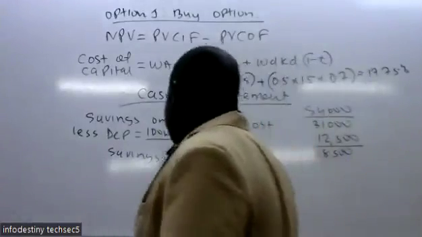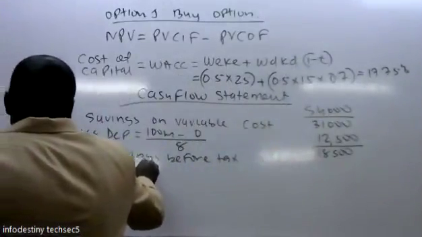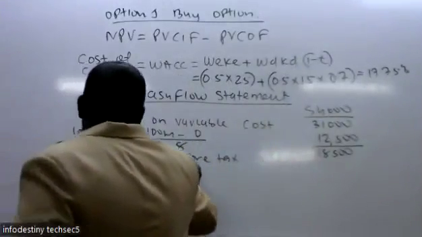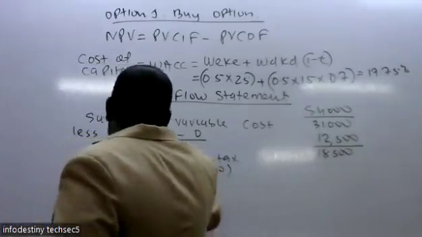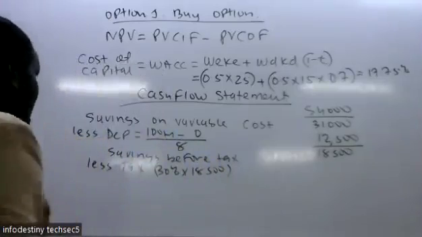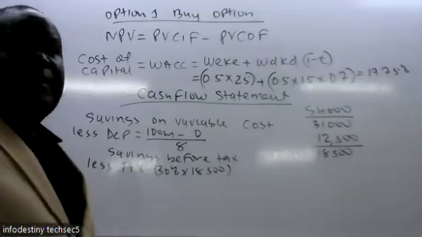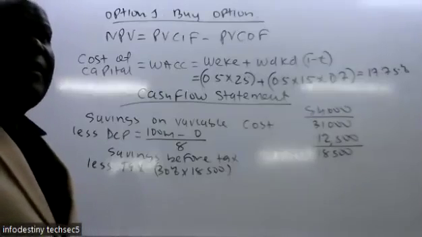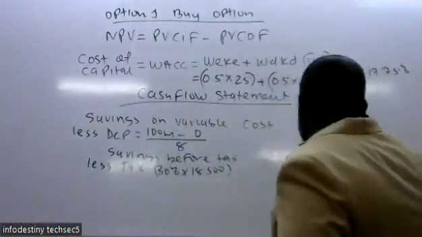Then now we less the tax. We minus the tax, which should be 30% of 18,500. So what is 30% of 18,500? 5,550.